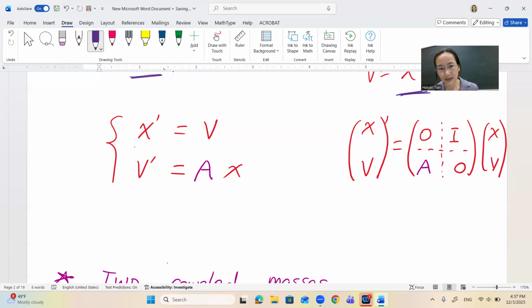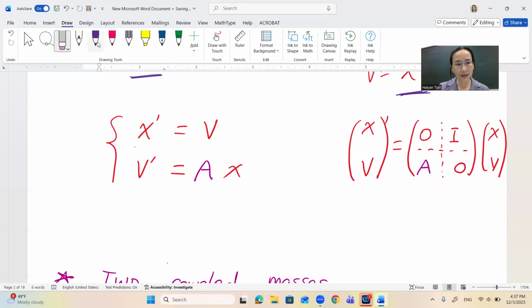As you can see, this left side is just the derivative of a vector, xv. And the right-hand side is a matrix times xv, the vector. So the matrix in block-wise, each block is n by n. So this is a large square matrix, which is 2n by 2n for the n-body problem.